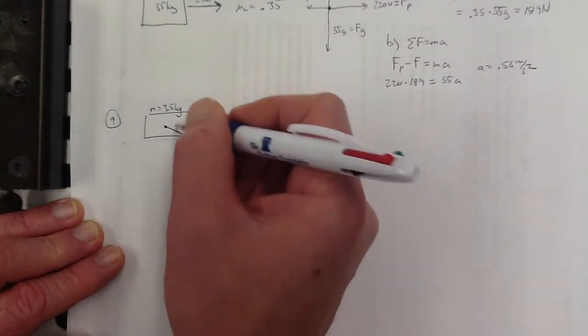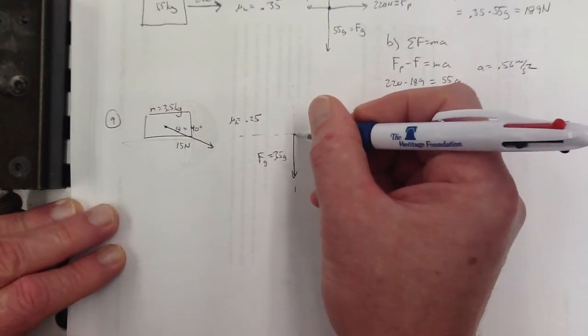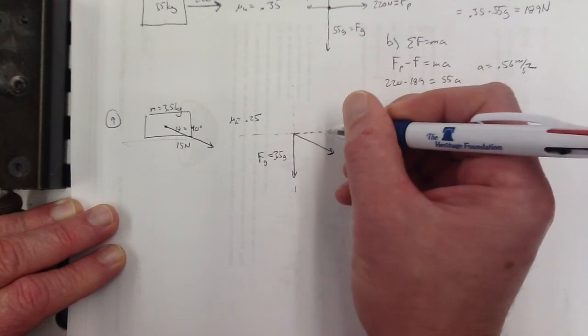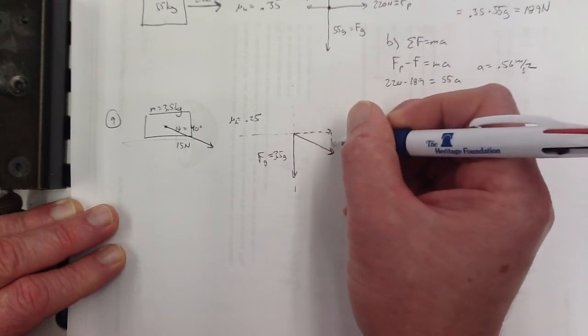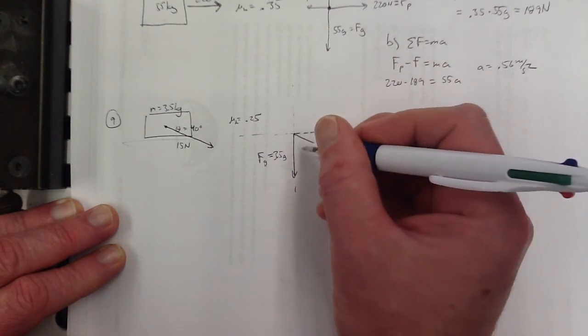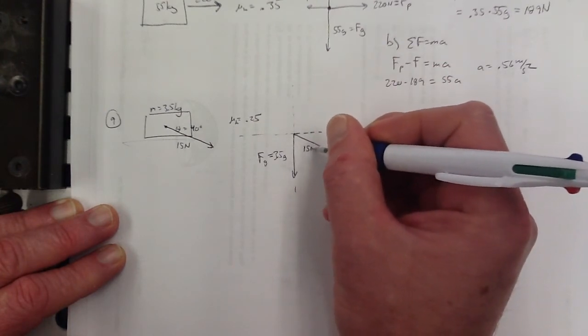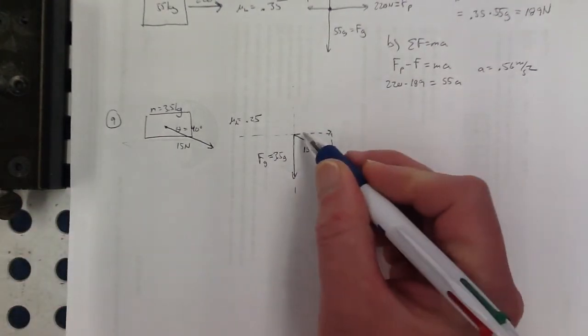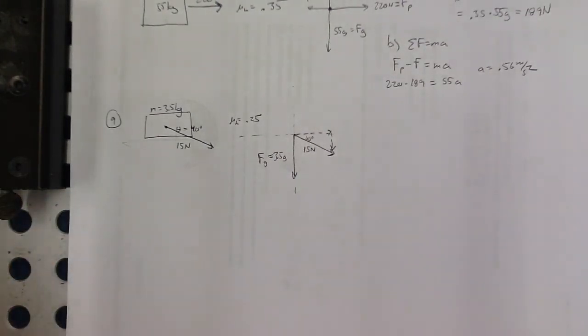No, it wouldn't, because this is pushing down. And if that's pushing down, then if we map out the components of that, you can see that this right here would be 15 cosine 40.